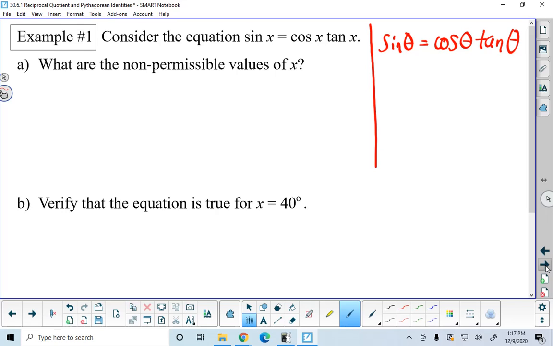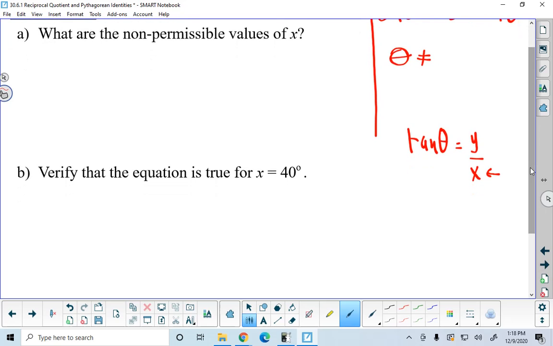So that's what I'm thinking of here. Now, what are the non-permissible values of theta? Theta is not allowed to be certain things. Why? Well, because there's a tangent of theta in here. And on the unit circle, tangent of theta is y over x. That's the definition. Now, where would this be 0, which is not allowed?